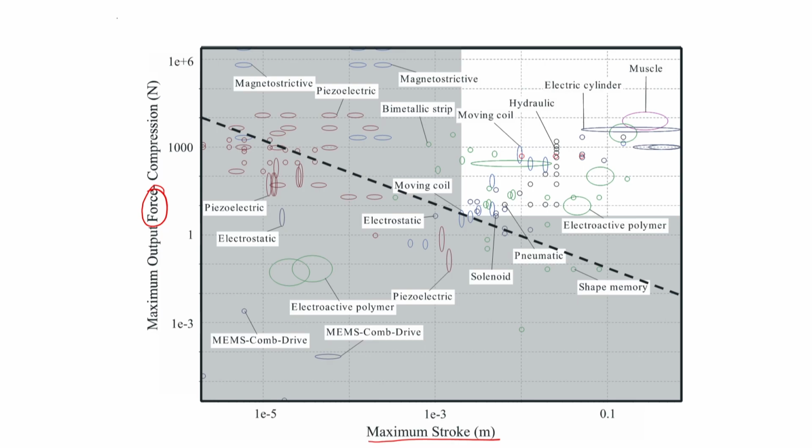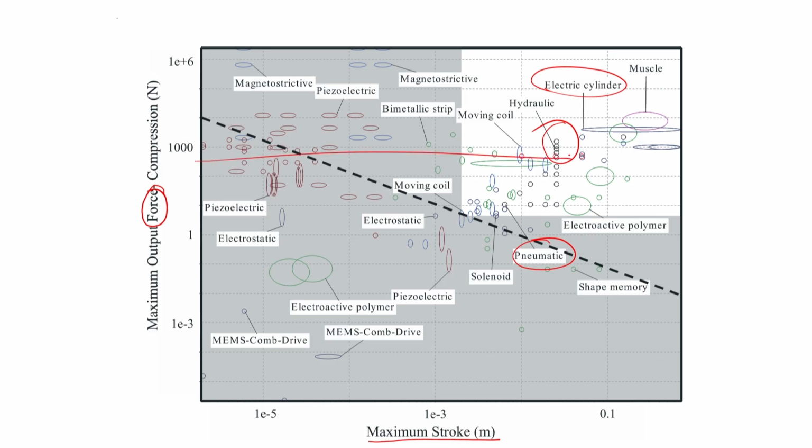So, what we can see here is that if you talk of a large force, something like a human muscle can generate, or even much more than that, then you have to inevitably come to systems like pneumatic, hydraulic and electromagnetic. This is a large force you can see here.